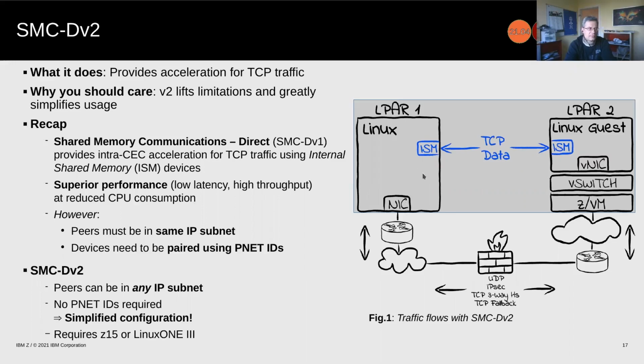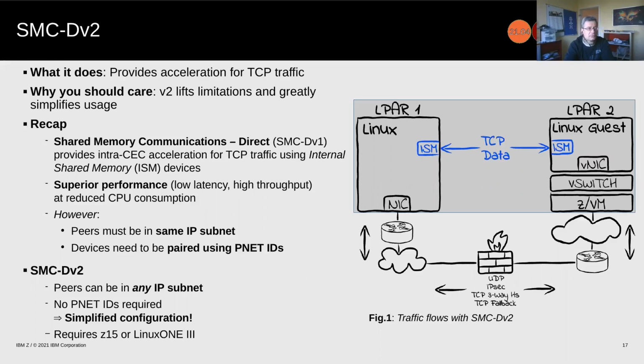So you knew that if you have some traffic which Linux sends out through that NIC, then that traffic would be eligible to go through this ISM device up here, especially in case you have multiple NICs or multiple ISM devices. And we just did away with that altogether. So we eliminated PNet IDs entirely.